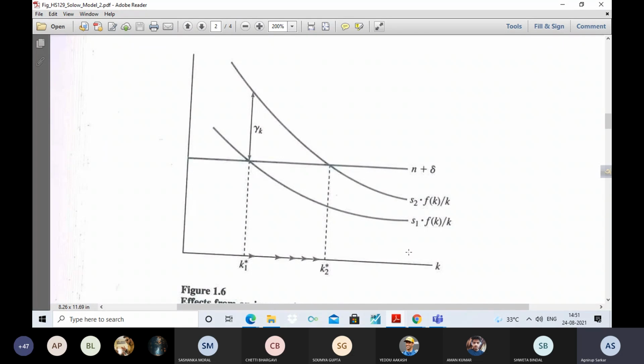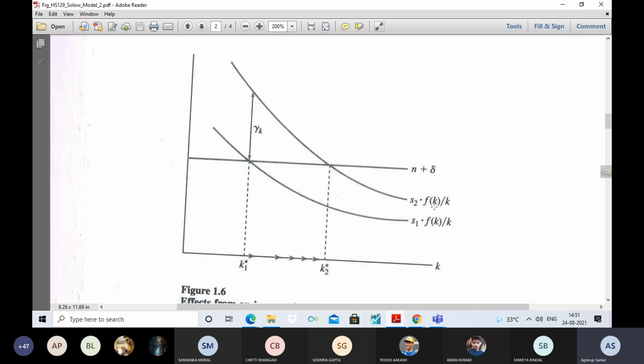If the production function F(K) shifts upward in a proportional manner, this takes into account technology: output is a function of capital, and output is also dependent on total factor productivity, let's say. So if there's an improvement in technology, then the production function shifts upward in a proportional manner.